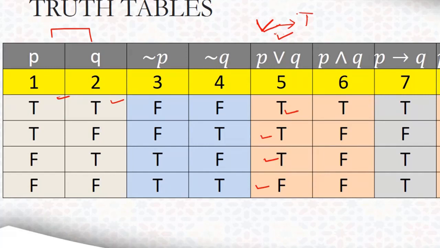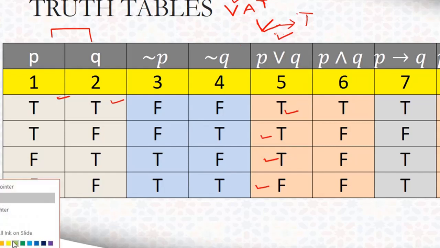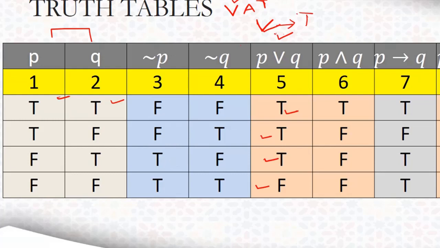You can remember the word VAT: V is coming, look for T. Keep it in your mind so that it will be easy in the examination when you are writing them.